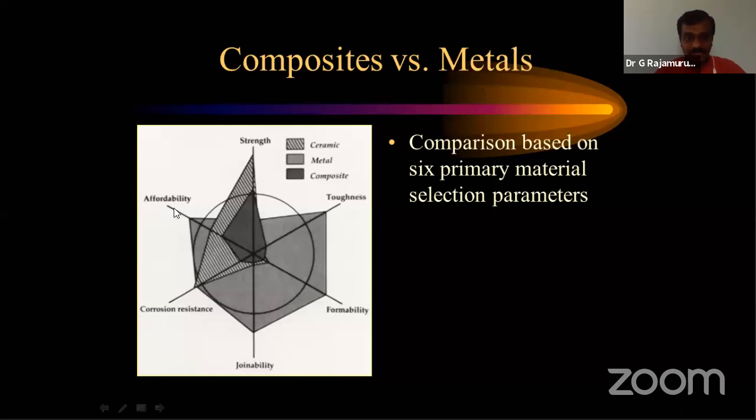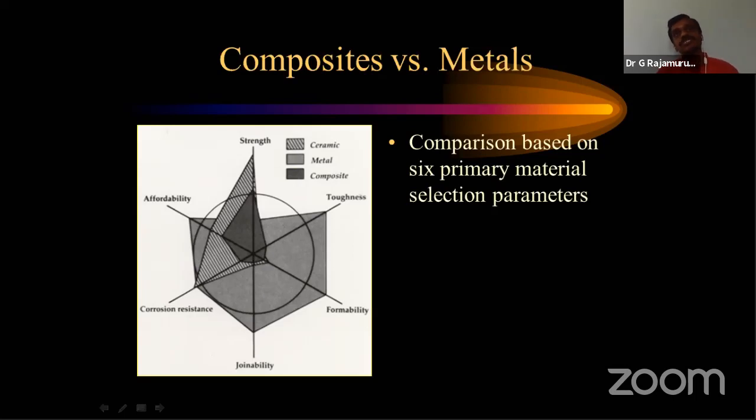So you can look at affordability, toughness, formability, joinability, and corrosion resistance. The composite has excellent affordability, and when compared on strength it is excellent. But where it is lagging is joinability, which is very low.